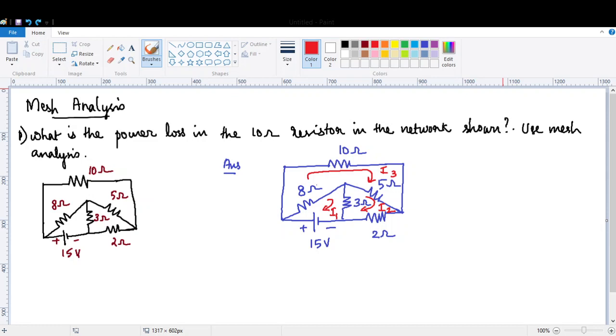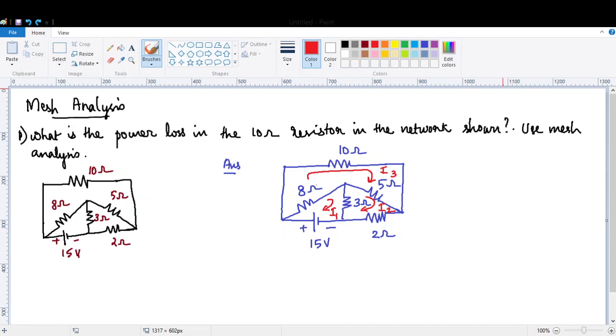Here a question is given: what is the power loss in the 10 ohm resistor in the network shown? Use mesh analysis, and we are provided with a network. In the network, I'm considering the closed loop containing 8 ohm, 3 ohm, and 15 volts as my first loop, and the current flowing through it is assumed as I1.